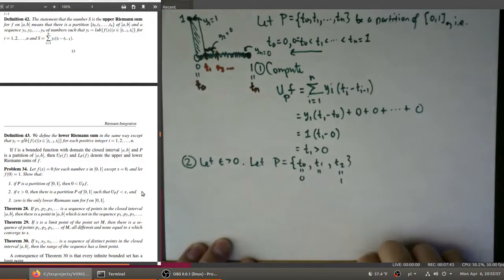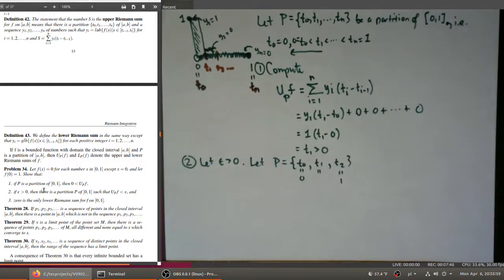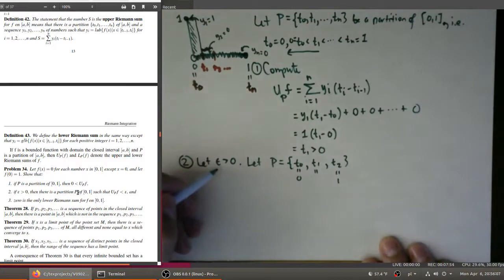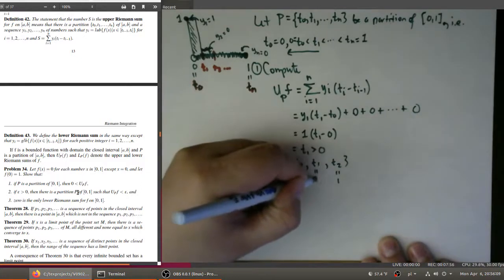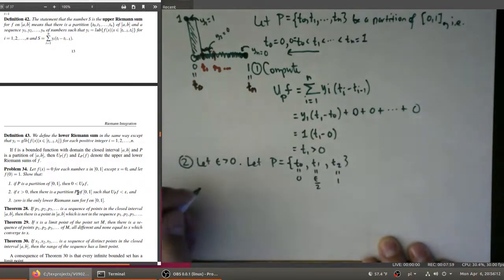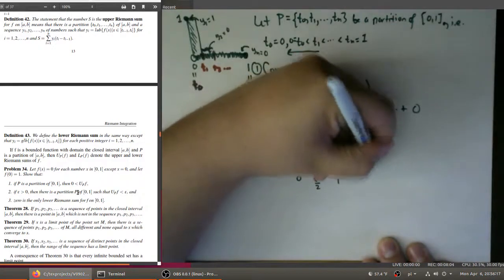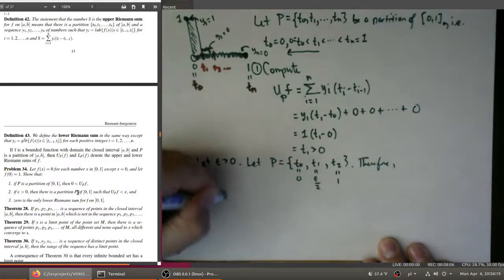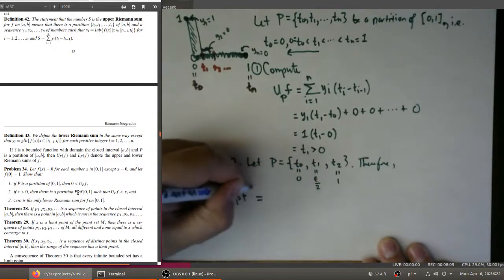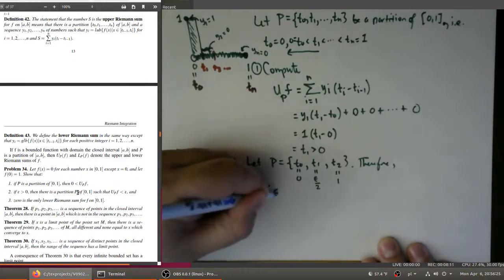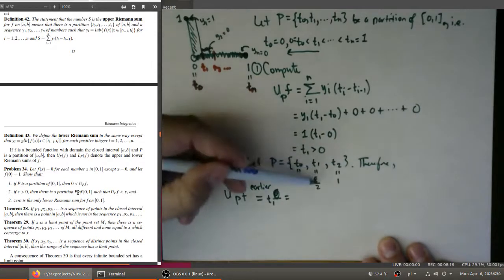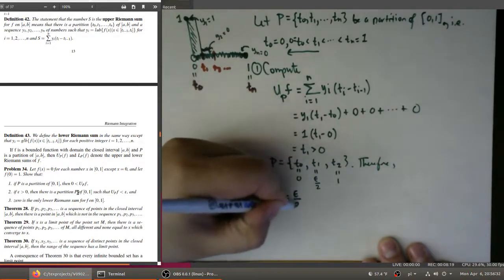Now, for this particular problem, they're asking me to produce a partition. It says there is a partition, so I have to make one. And I'm going to make the partition in terms of my number epsilon. So I'm going to make t1, let's say, epsilon over 2. Therefore, UP of F from earlier is equal to t1, which by my choice of my partition, I chose to be epsilon over 2.